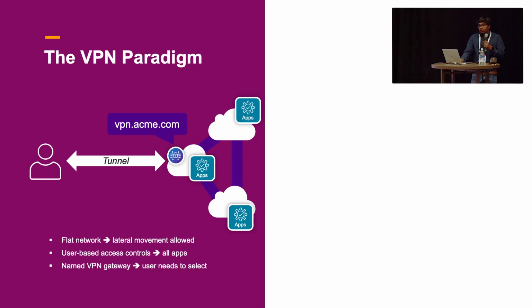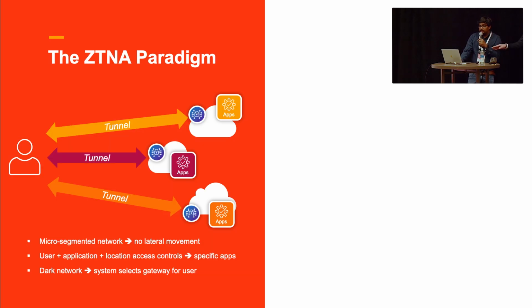Just one small, I would probably say, a primer here. The VPN is always about connecting to a single server, and then you get access to all the applications that are hosted across multiple locations. Whereas zero trust is about directly enabling users to connect to those sites where those applications are hosted.